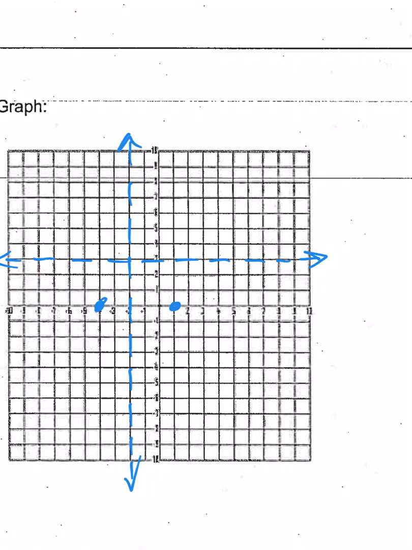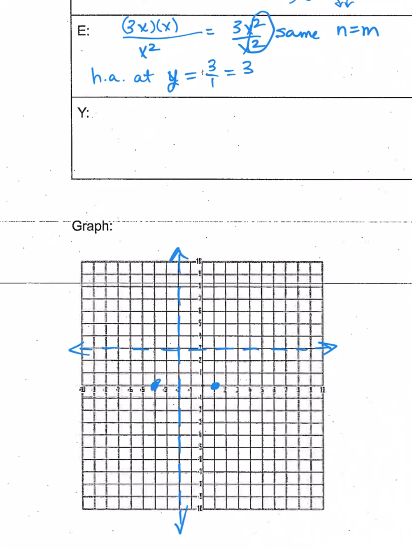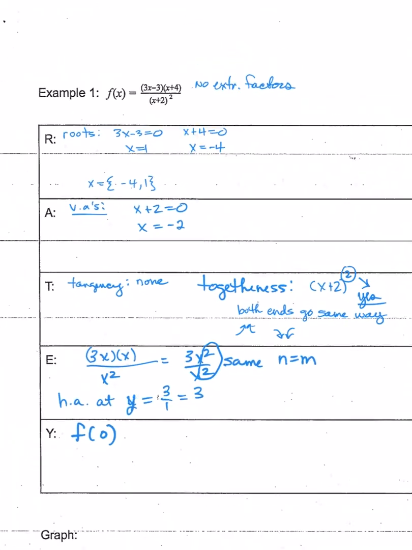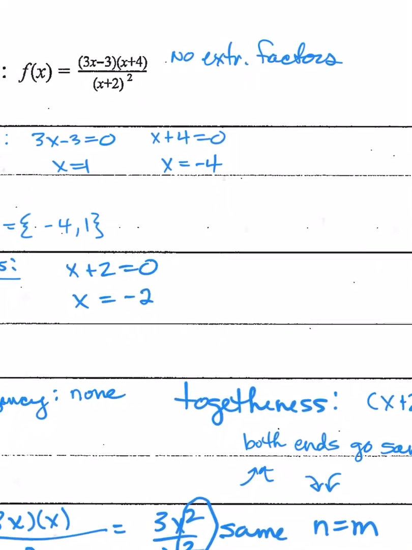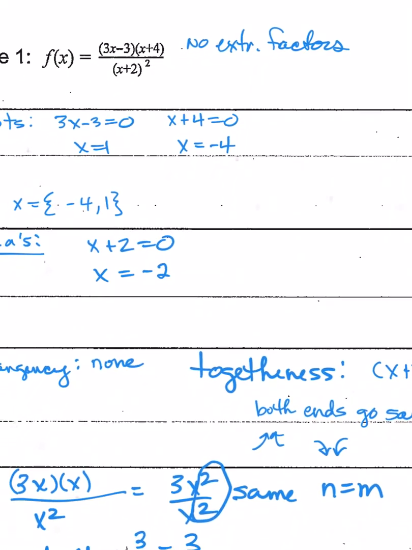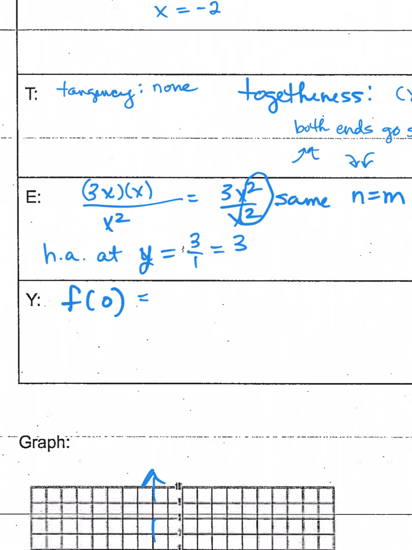All right, so let's finish this up and see if we can figure out the y-intercept. To find the y-intercept, it's f of what? F of 0. In this case, we can't just figure it out from the end behavior, can we? So let's plug in zeros for all our x's. We have 3 times 0 minus 3, 0 plus 4, and 0 plus 2 squared.